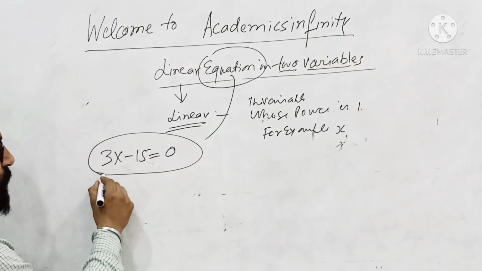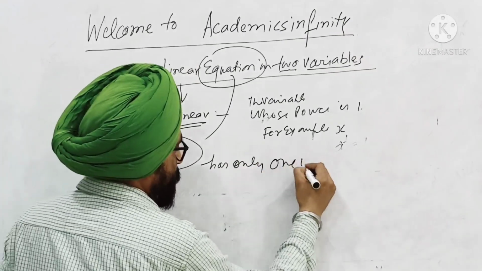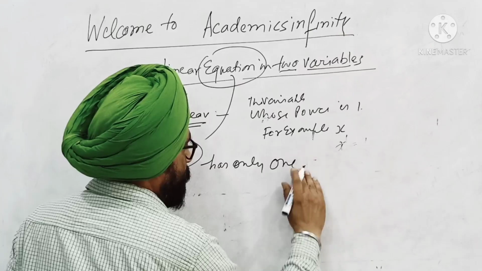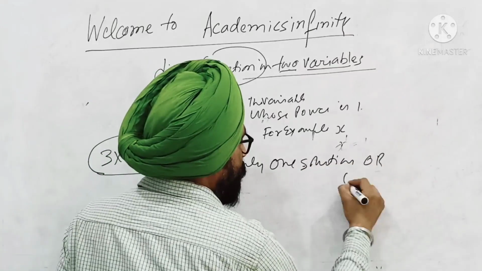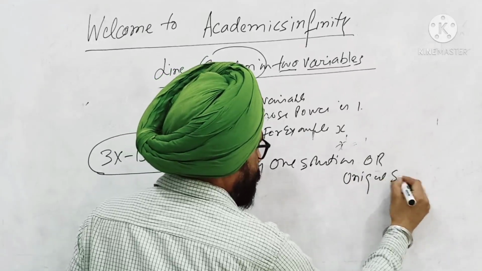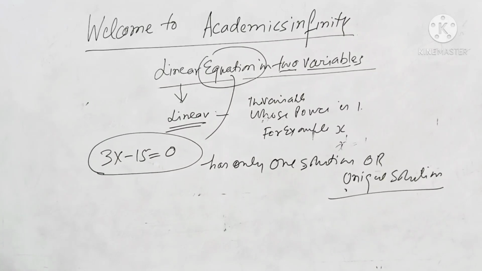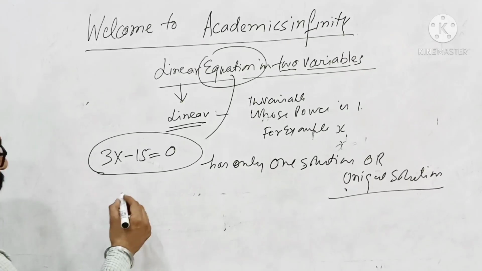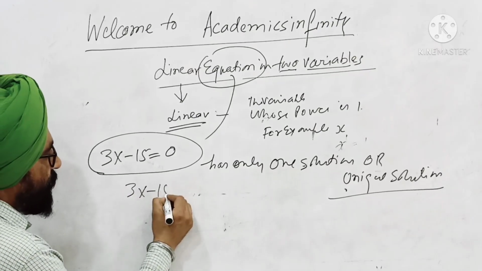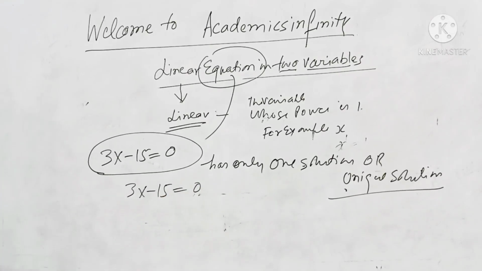Linear equation in one variable has only one solution. You can say unique solution. How can you solve this linear equation in one variable?